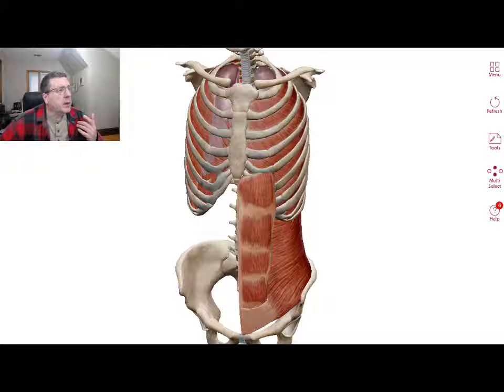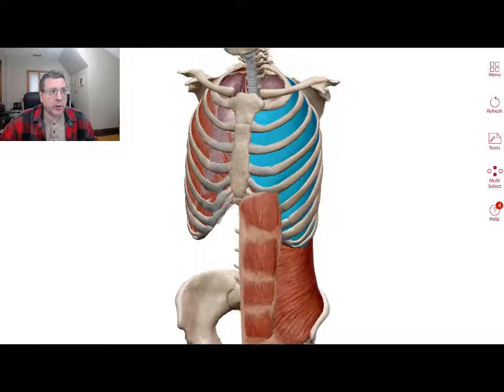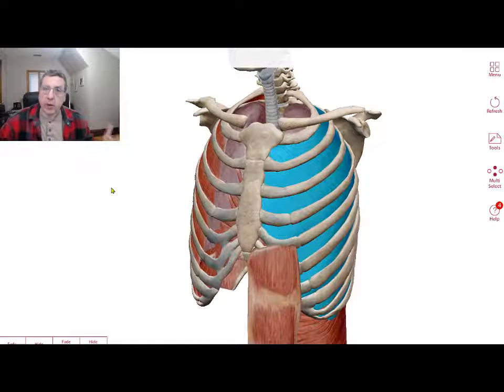The additional muscles that are going to be associated with forced expiration would then include your internal intercostal muscles versus external. So external is going to be inspiration. The internal intercostals are going to be for expiration.